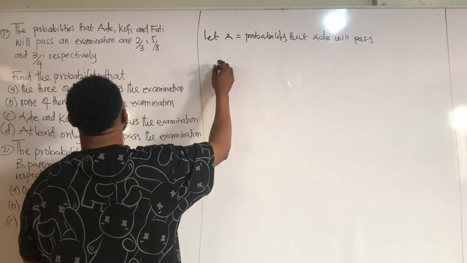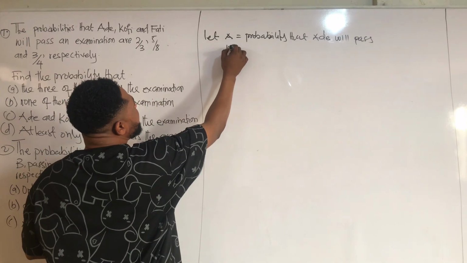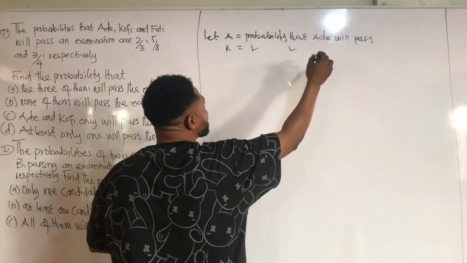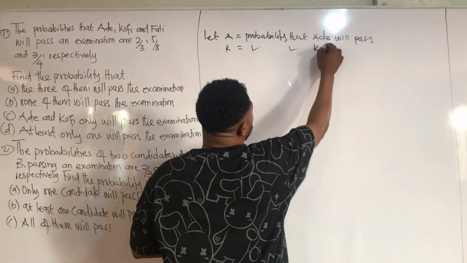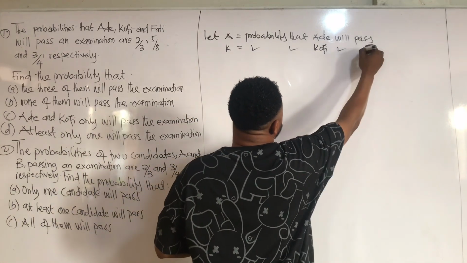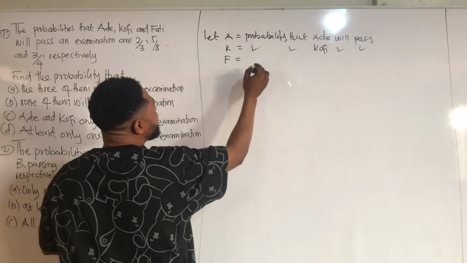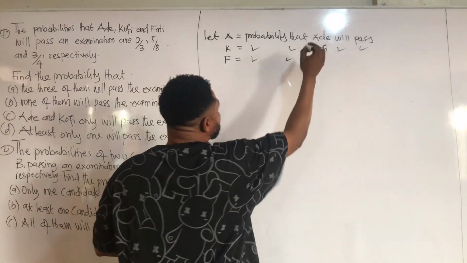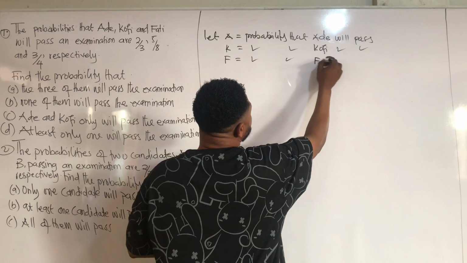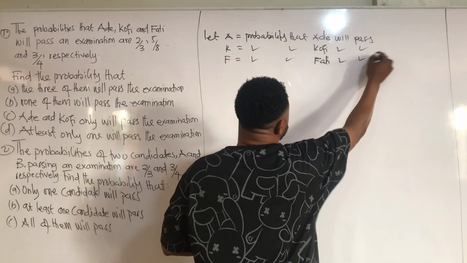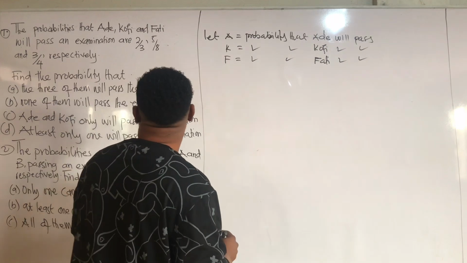Then again, we have Kofi, so K equal to probability that Kofi will pass. And F equal to probability that Fatih will pass.